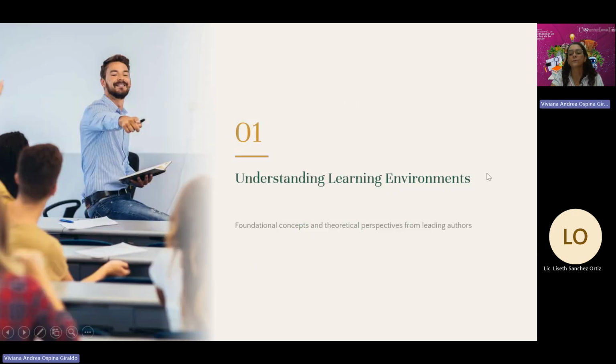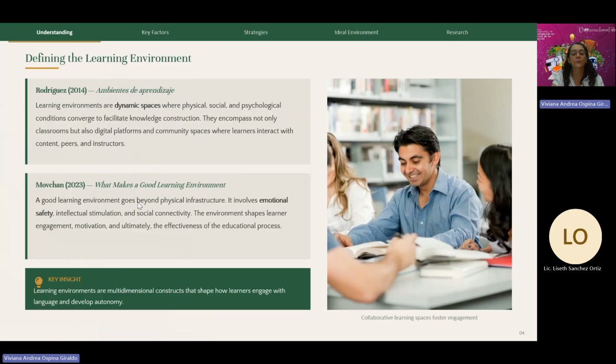So first of all, let's start with understanding learning environments. So we are going to talk about some foundational concepts that are important. And first, I would like to talk about one of the authors, Rodriguez, when he talks about ambientes de aprendizaje. Estos ambientes de aprendizaje or learning environments are dynamic spaces.